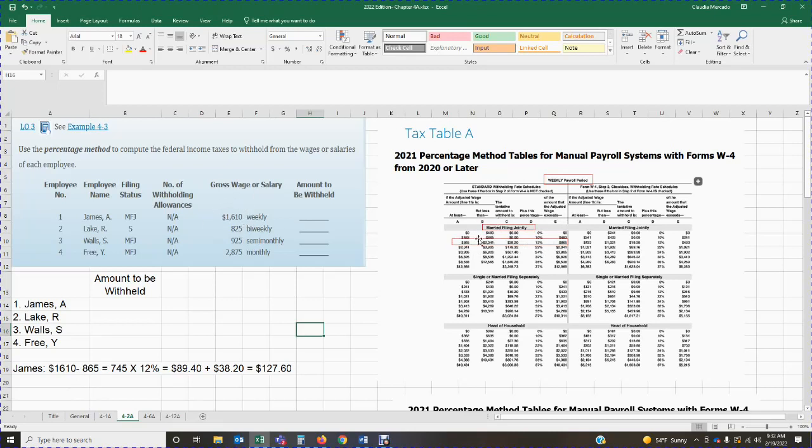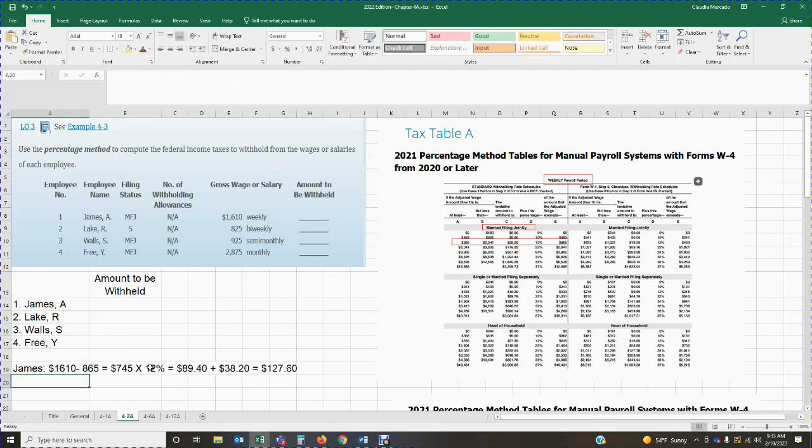You're going to be working from the right hand side to the left hand side, so you're working backwards on the table. You pick up that last number and subtract that from your wages. So it's 1610 minus the 865. That gave me $745.